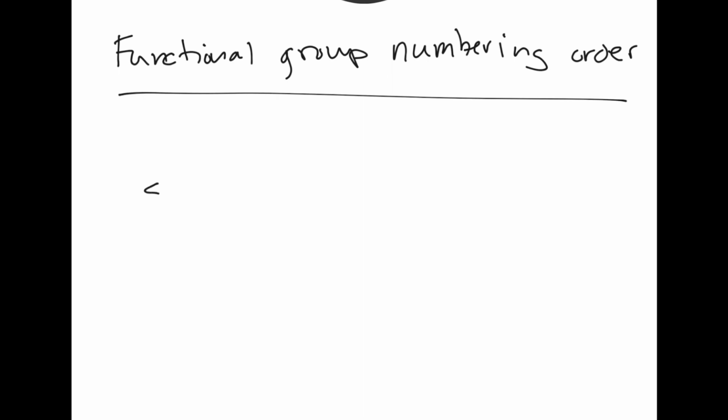So things that have carbonyls, things that have C double bond O, if there's a tie, these take priority. These are going to get the lowest number in your molecule. Then next up, the next most important functional group in terms of numbering are alcohols. Then you have amines.